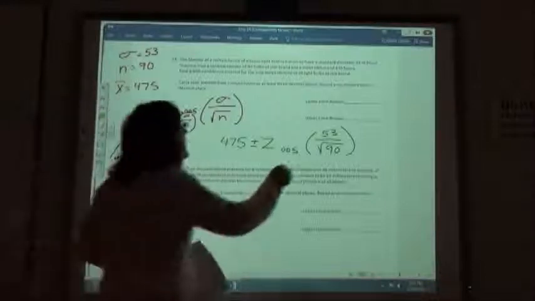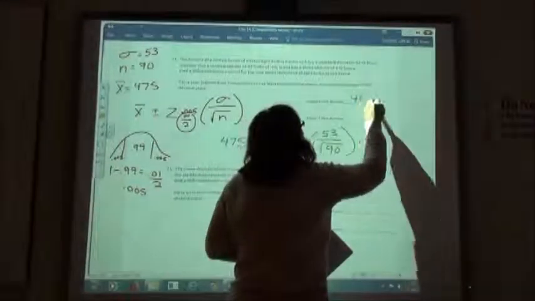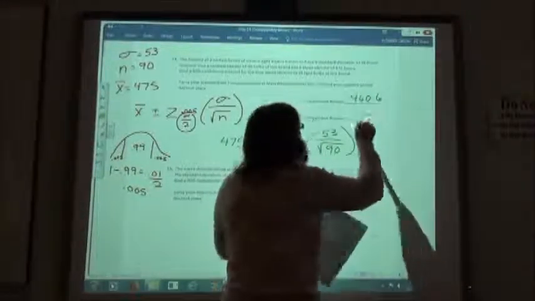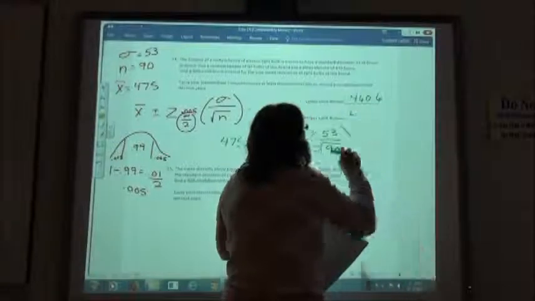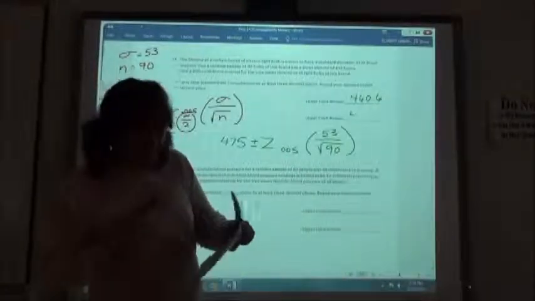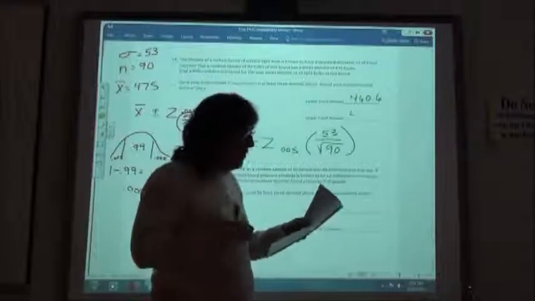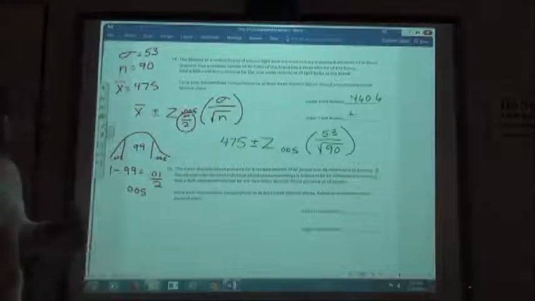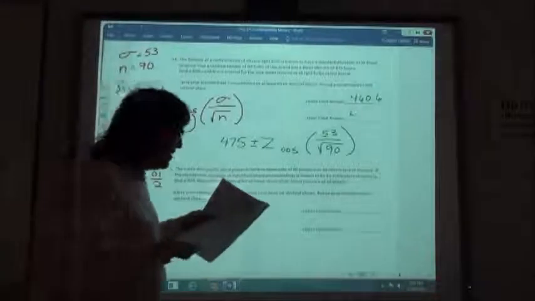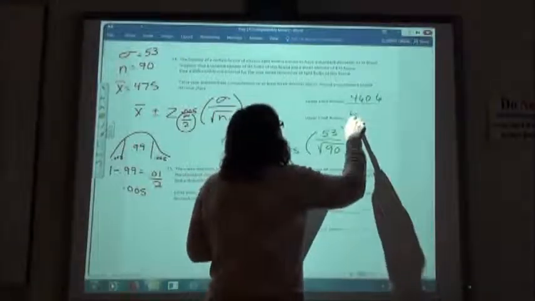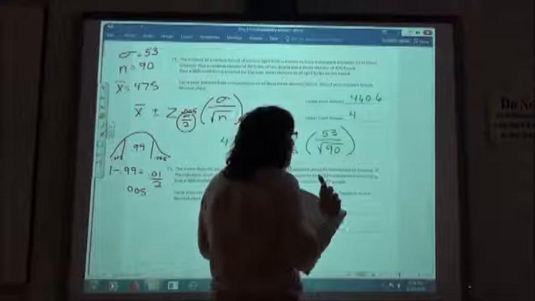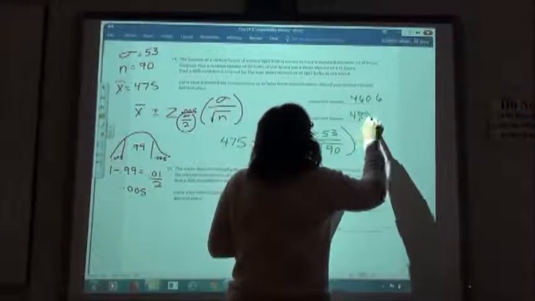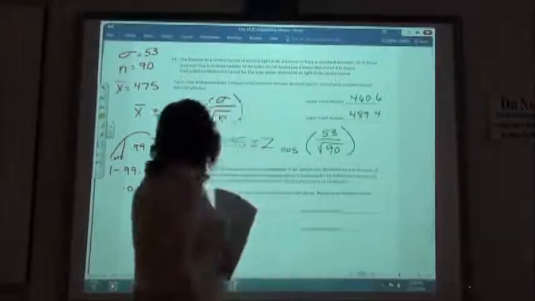The first value is 460.610. Oh, we're going just to 1 decimal place, so we're just going to use 460.6. And our second value is 489.4.